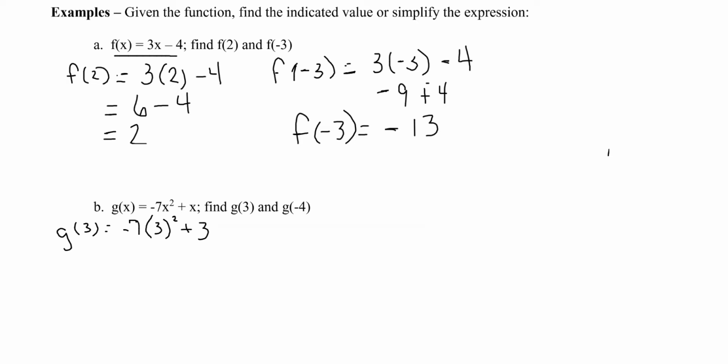So if you remember, order of operations, we do exponents first. So we'll get -7 times 9, because 3 squared is 9, plus 3. -7 times 9 is -63 plus 3. So our final answer is -60.